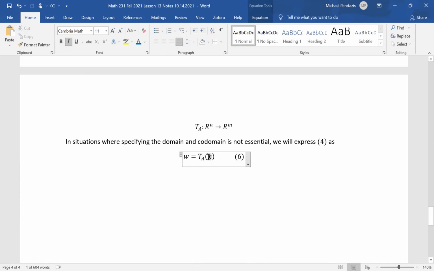It's taking any x in Rn, left multiplying it by the matrix A, and getting the vector called W in Rm.